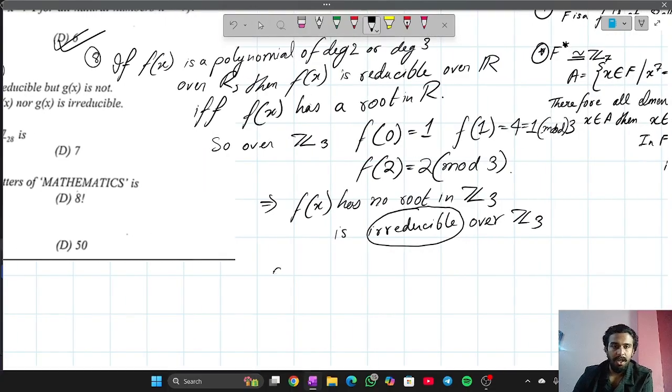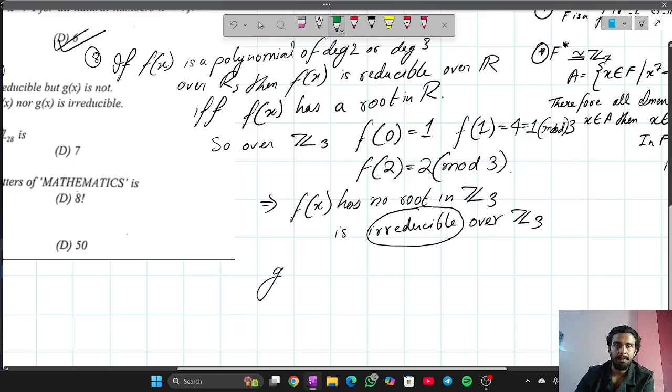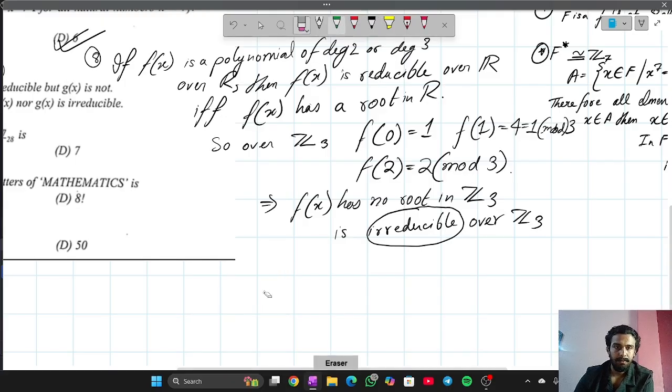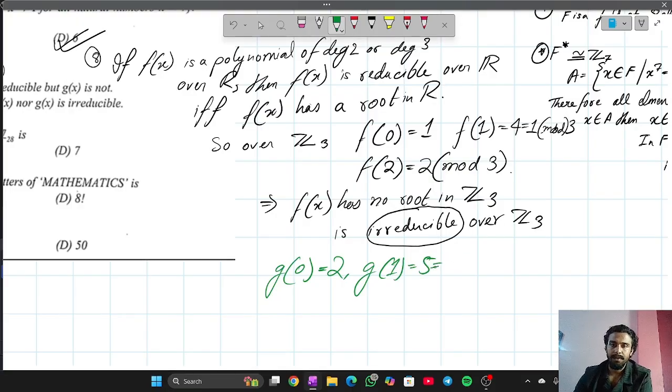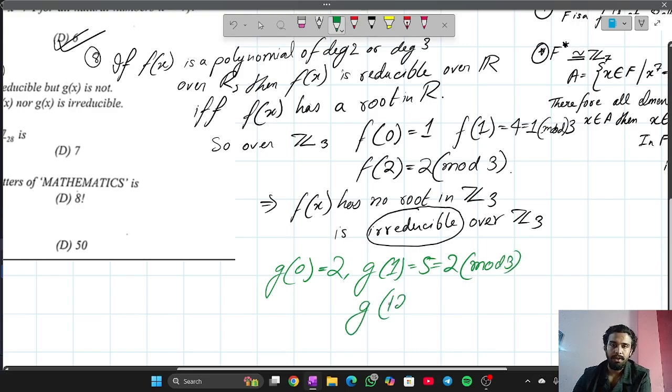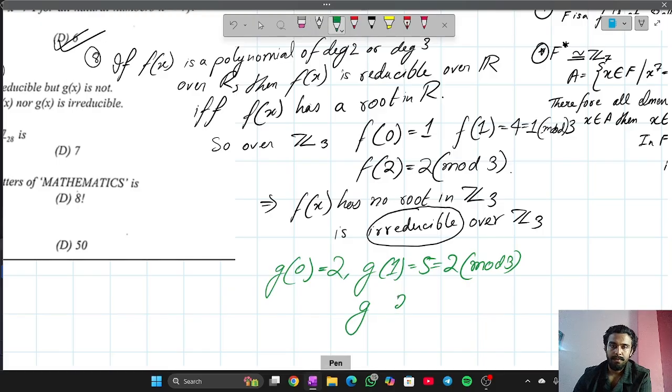So g(0) is equal to 2, g(1) equals 5, which is equal to 2 mod 3, and g(2) is equal to 12, which is equal to 0 mod 3.